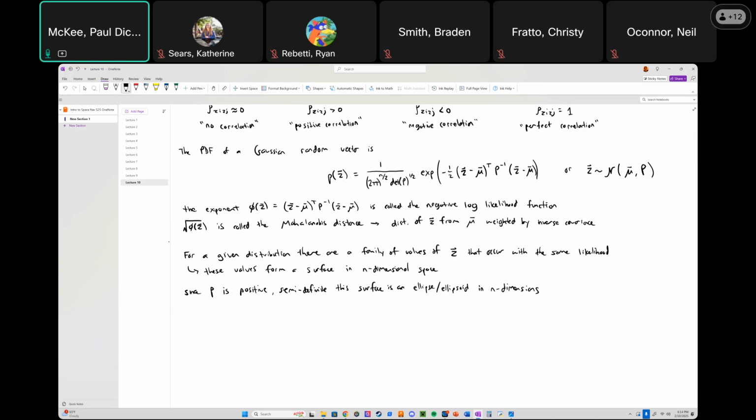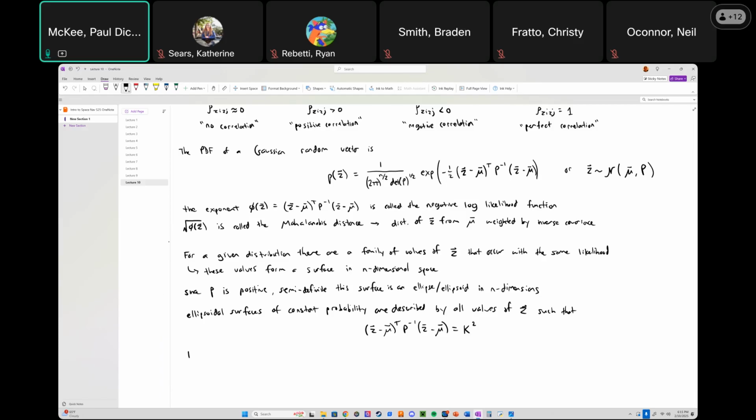So ellipsoidal surfaces of constant probability are described by all values of z such that the Mahalanobis distance, so z minus mu transpose P inverse z minus mu, or in this case, the Mahalanobis distance squared is k squared, or the Mahalanobis distance is k.